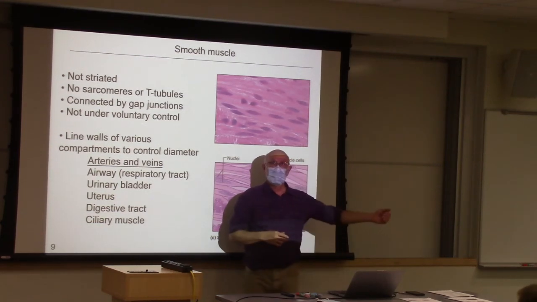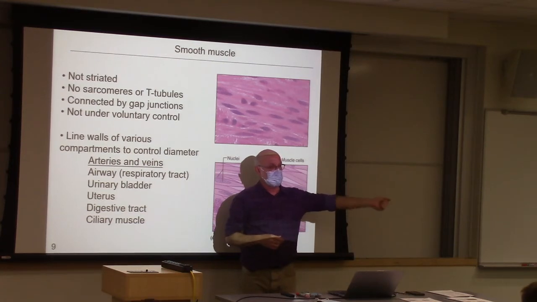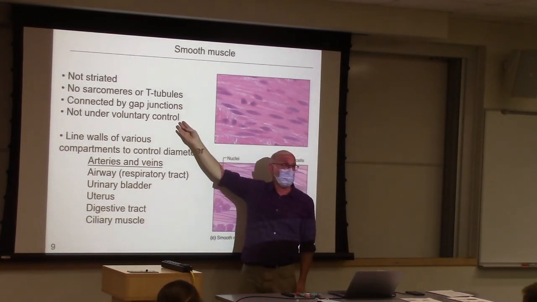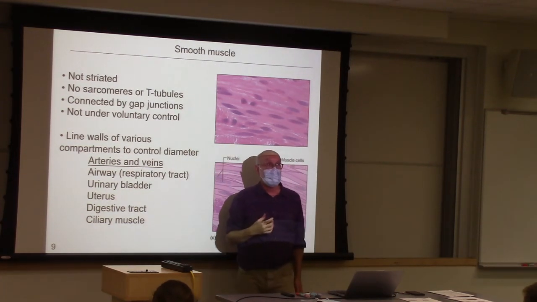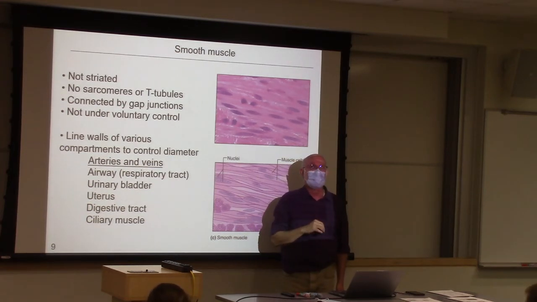You can control your skeletal muscle. You can't really control your heart muscle either, and you can't control your smooth muscle. The rate of your heart muscle contraction is controlled by your nervous system, but it's part of the autonomic nervous system, not your conscious nervous system.